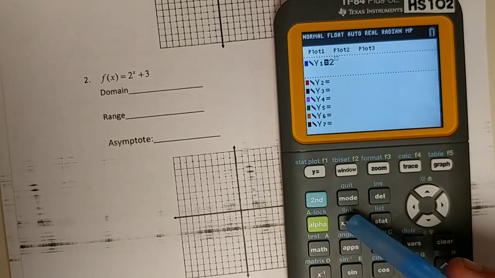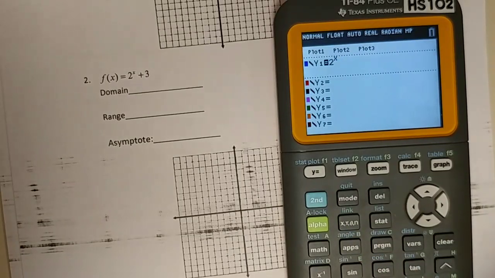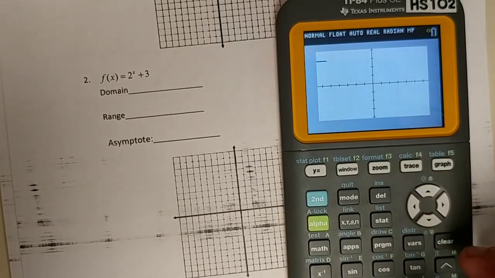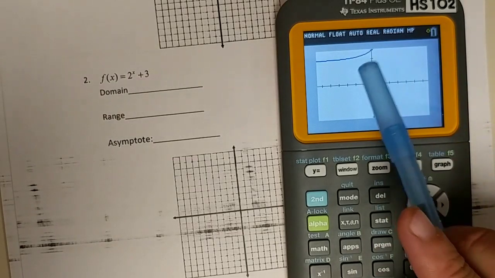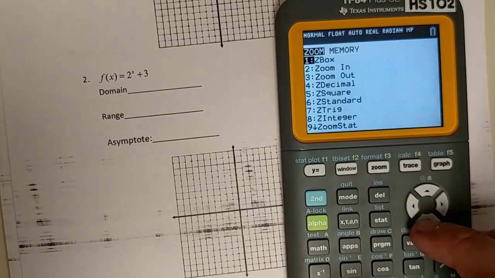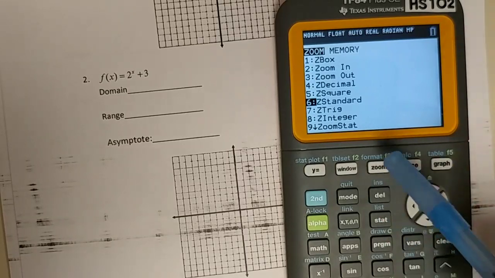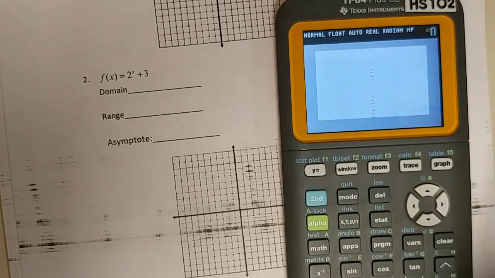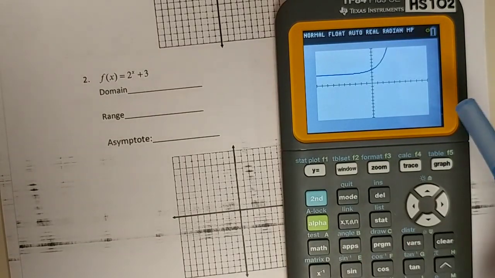To the x power, I have to click right to get off that, plus 3. Okay, so I'm just going to graph to see how it looks. It's pretty high up. If it's not in the zoom window, you can always go back down to zoom, click in the middle, and then click standard. Standard is like a 10 by 10, I believe. So it'll show up a little better.